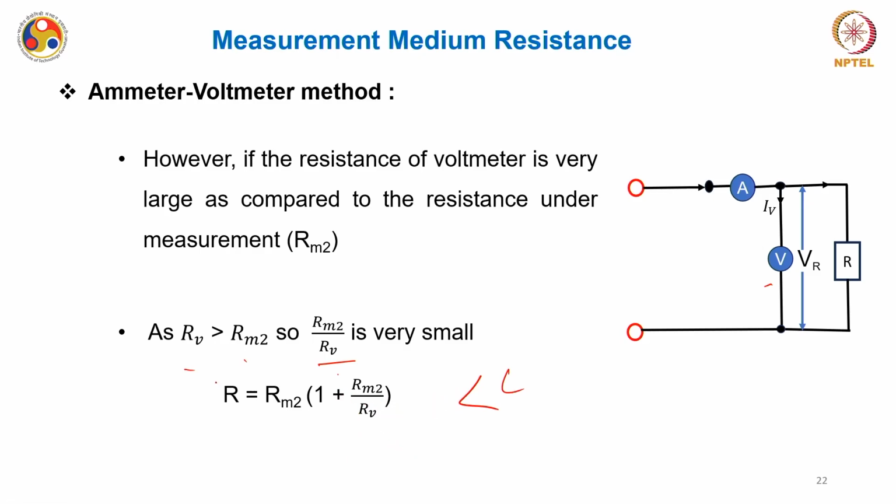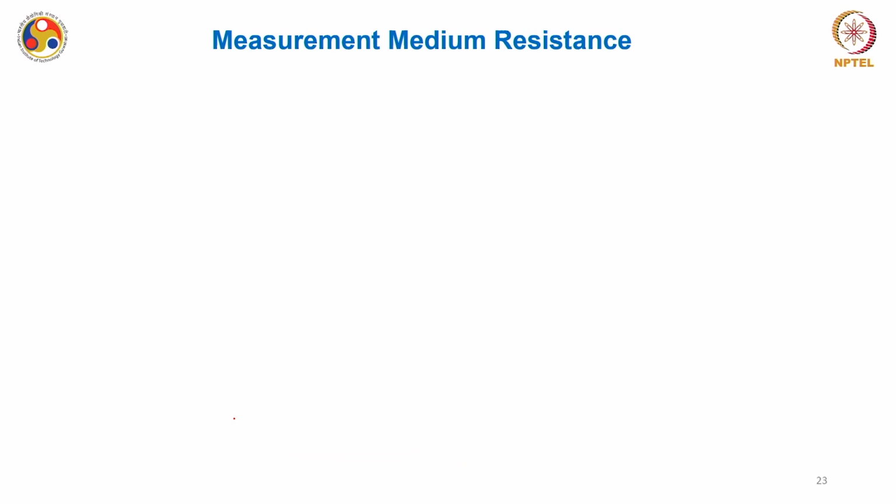This expression gives the value of the unknown resistor in terms of the measured value and the voltmeter resistance. So once you know the voltmeter resistance, you can calculate the unknown resistance, and this is in line with whatever we have seen in case of connection 1, alright.